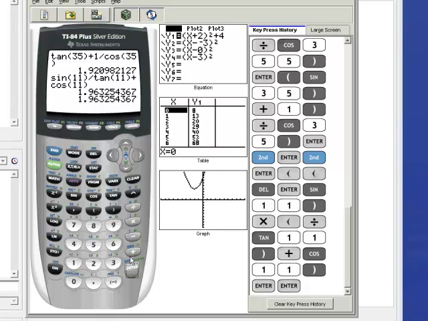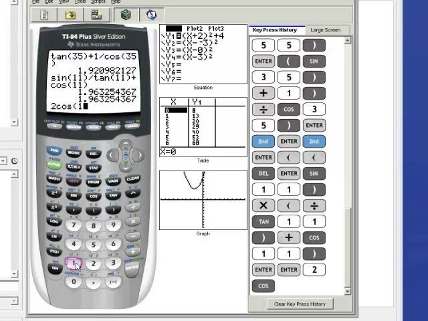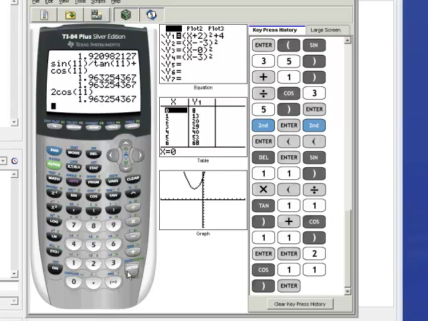I think I hit the enter button twice accidentally. Then I'm going to do what we came up with on the right hand side, which is 2 cosine 11, and indeed come up with 1.96.